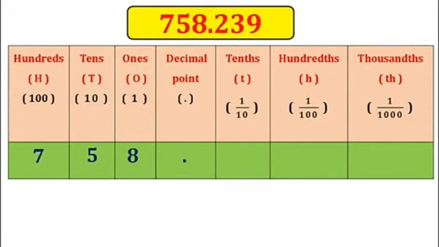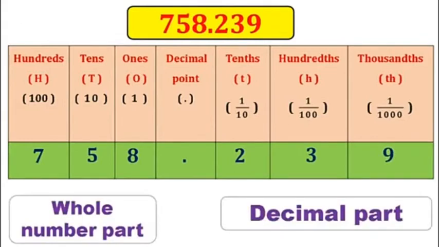After the decimal point, we have the digit 2, which we are going to write under tenths place. Next, the digit 3 will be written under the hundredths place. And lastly, the digit 9 will be written under the thousandths place. Here, 758 is the whole number part and 239 is the decimal part.